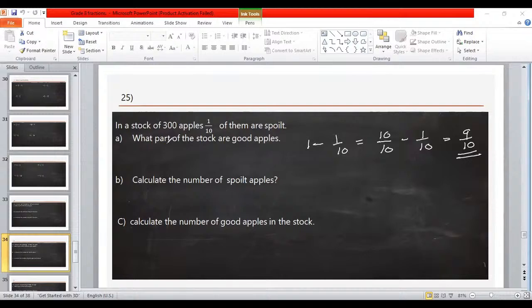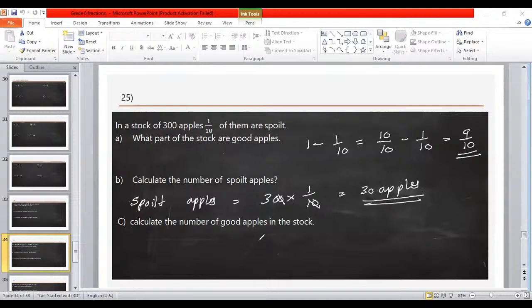Calculate the number of spoiled apples in 300 apples. How much? 300 into 1/10, 30 apples. 30 apples are not good.